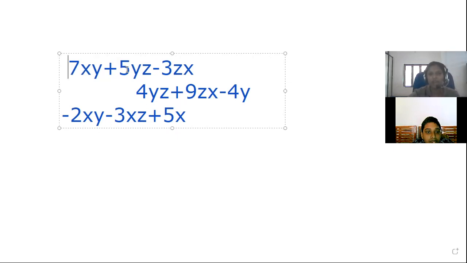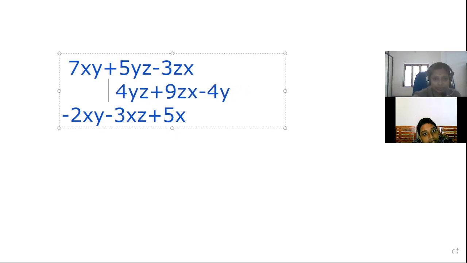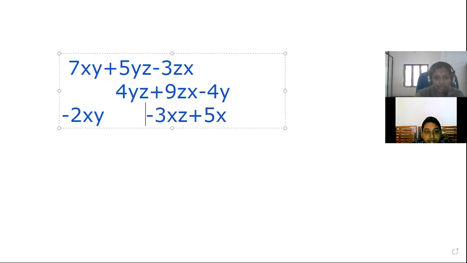And what about 5yz? Just look here, there is a 4yz, isn't it? So we can place it here, 4yz. Is there any other term with yz? No. Next, xz or zx, they are equal. So how many terms are there in xz or zx?